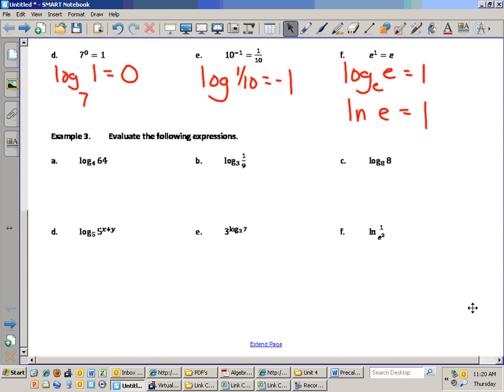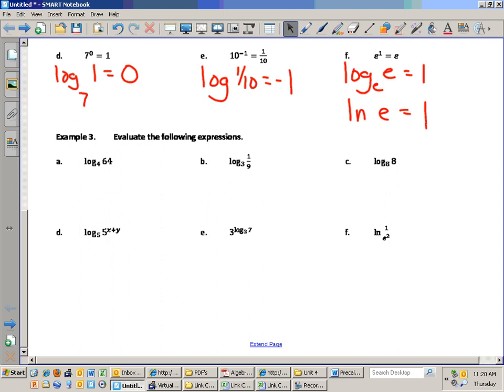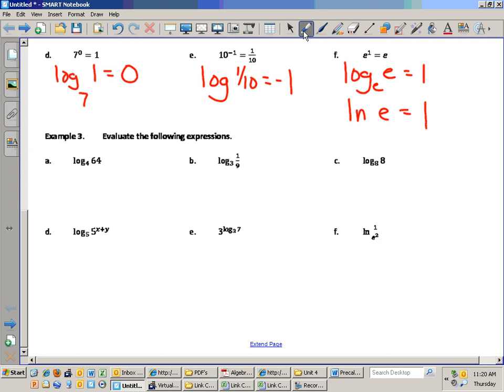Okay, evaluate the following expressions. Okay? Log base 4 of 64 equals what? Well, that's saying that 4 to some power, I'll write question mark, is equal to 64. So what is the log base 4 of 64 equal to? 3.